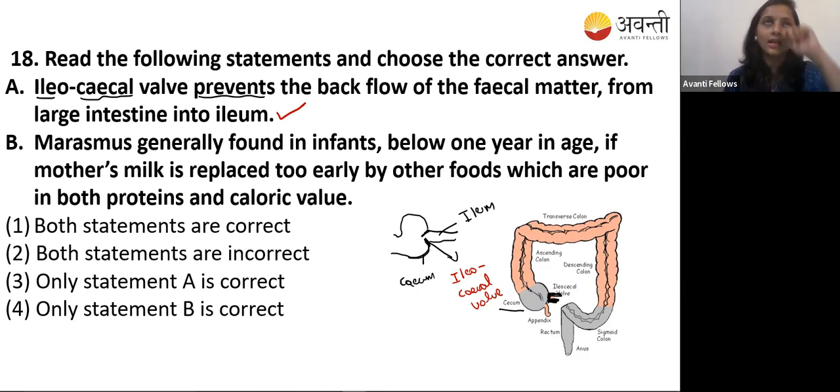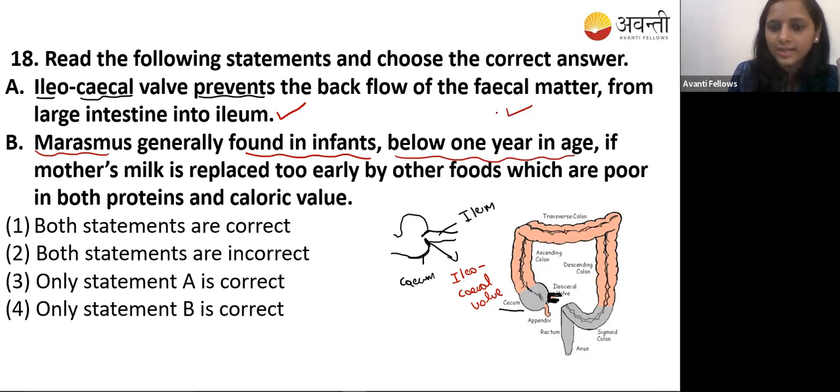So, you know, guys, there are two types of protein deficiency: one is marasmus and another is kwashiorkor, right? Kwashiorkor is for infants above 1 year, when the mother's milk is replaced by high calorific value food but not proteinaceous food. Here you can see marasmus is generally found in infants below 1 year of age. That is correct.